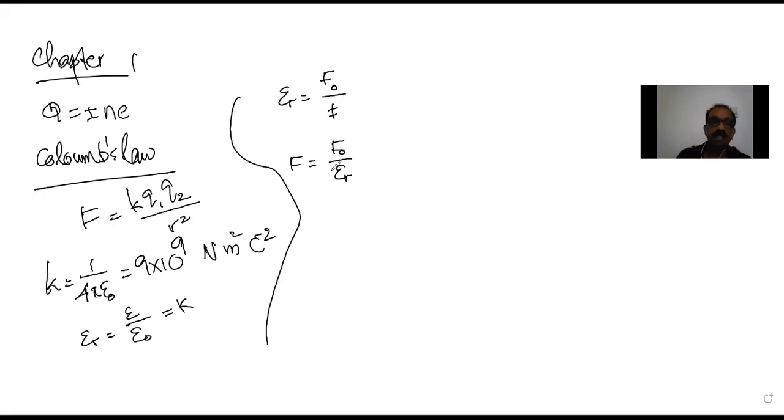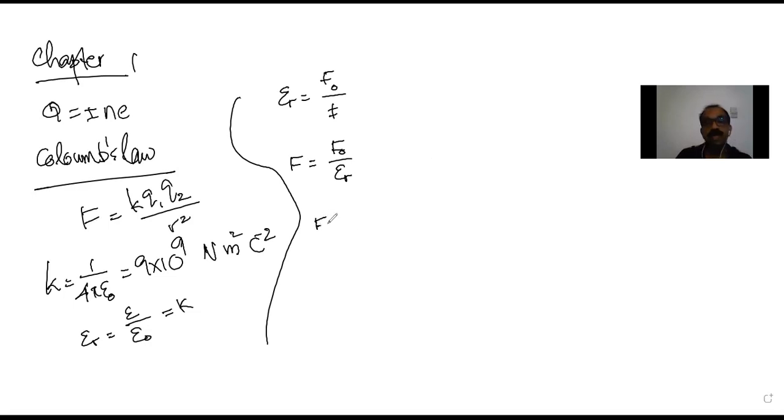When the charges are kept in a medium, the force between them gets reduced by a factor equal to the dielectric constant of the medium, otherwise relative permittivity. So for example, if the relative permittivity of a medium is 10, then the force would become 1/10 of the original force. This is about Coulomb's law.